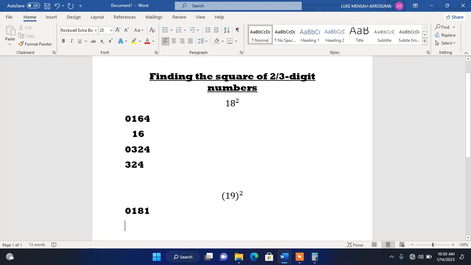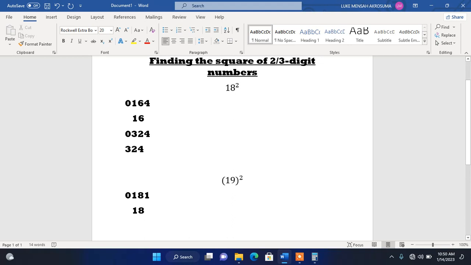The next thing we do is to find the product of 1 and 9, which will give us 9. 9 times 2 will give us 18. Remember, that number is written just below the first significant figure of that number. In that case, you get 18.